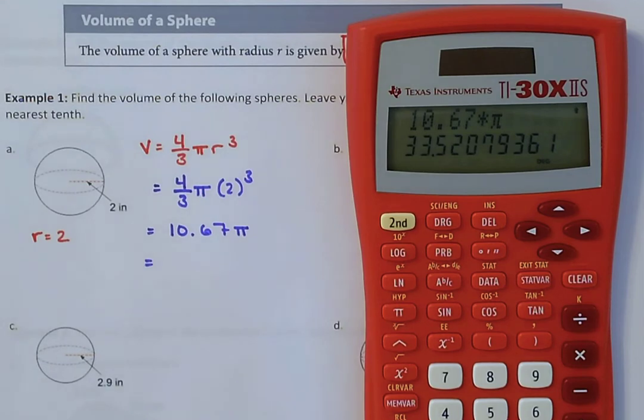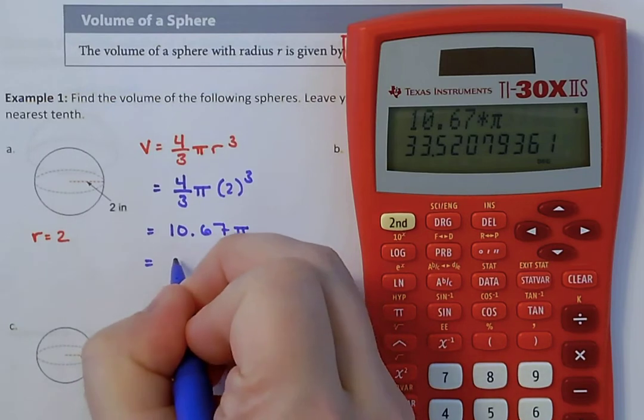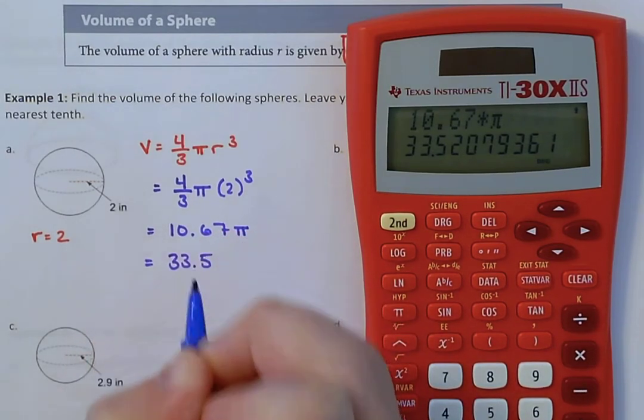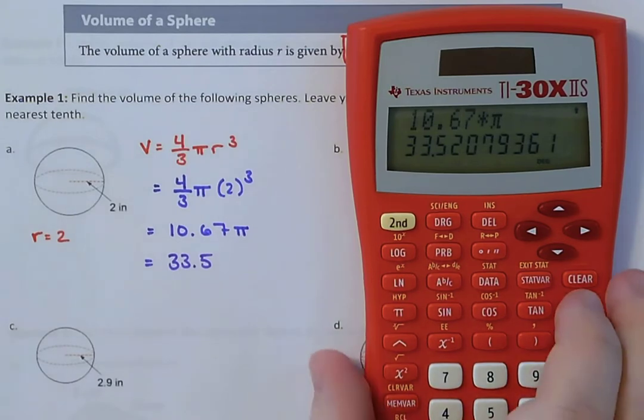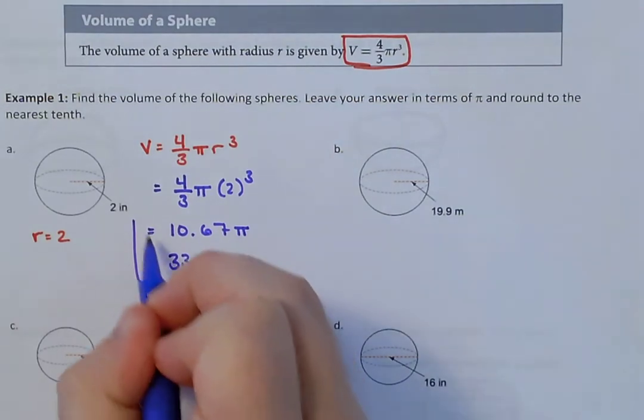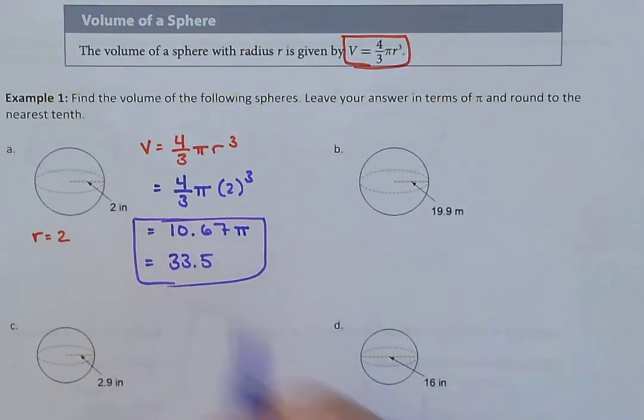And they wanted us to round to the nearest tenth, so that's 1 decimal place. So this just becomes 33.5. And that is the volume of the sphere for part A.